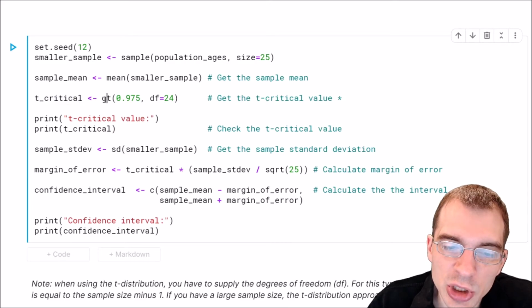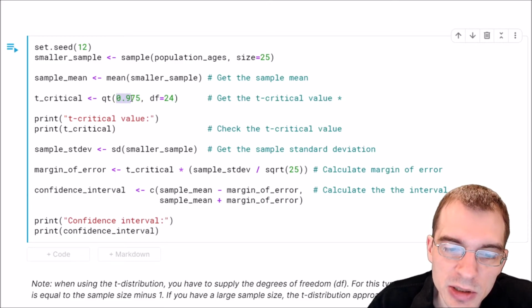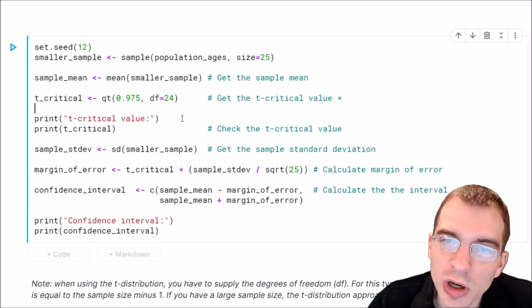So instead of doing q-norm, so quantile from the normal distribution, we're saying quantile from the t-distribution. Again, we're going to use a 95% confidence level, so we want to cut off 2.5% at the top. The degrees of freedom, or DF, when you're using the t-distribution, is the sample size minus 1. So in this case, that's going to be 24.